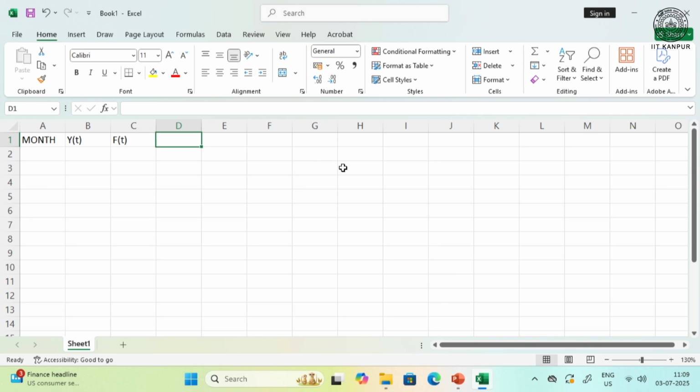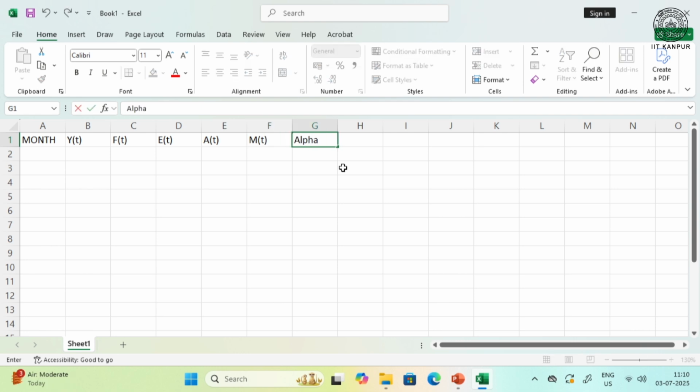The next value was ET, which is the error. Then you have AT, then you have MT, then you have alpha t, and finally you have beta.